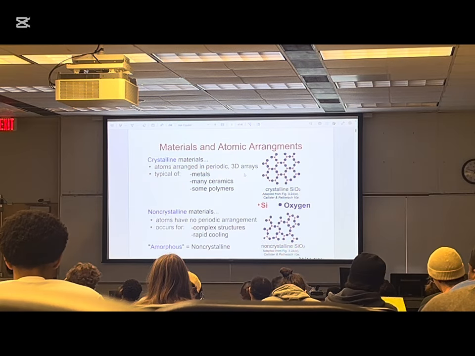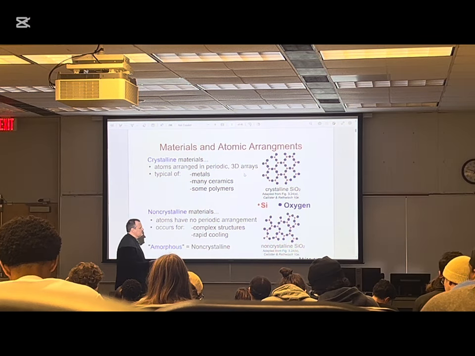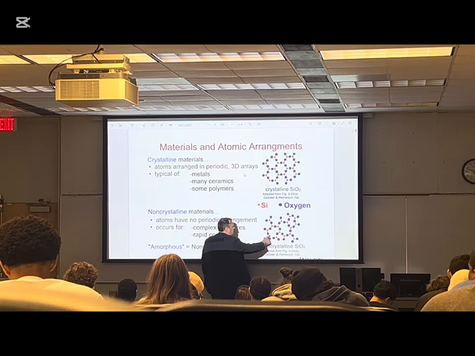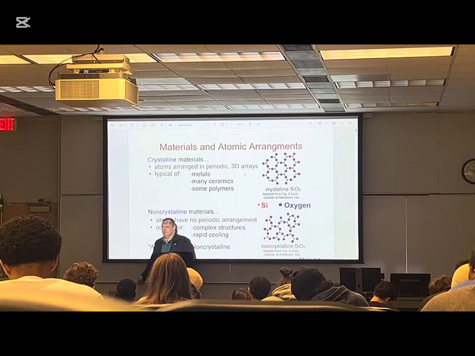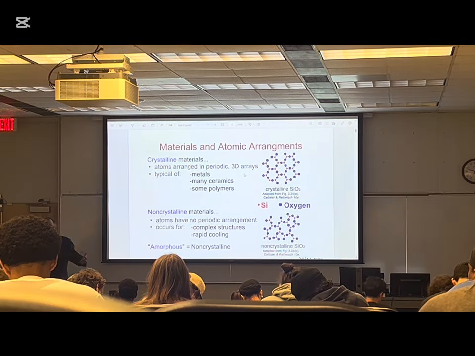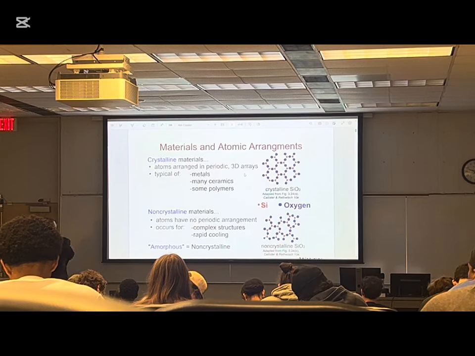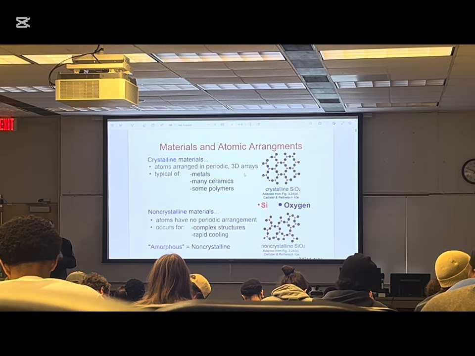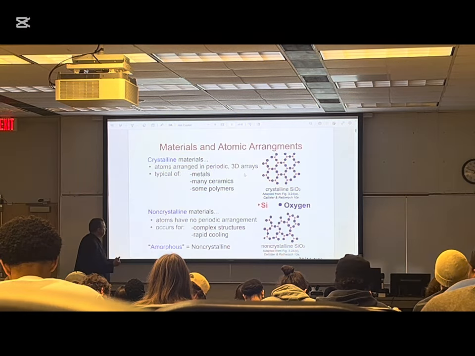There is a short range order. Why? Because the backbone is the same, this. But the way the structure is put together is like that pile of bricks. And that is going to determine very important properties like glass transition temperature. And we're going to apply this concept to polymers, not just ceramics.